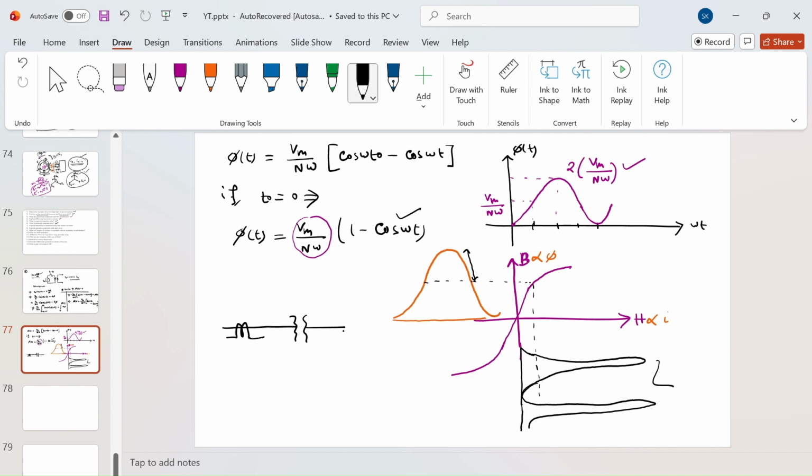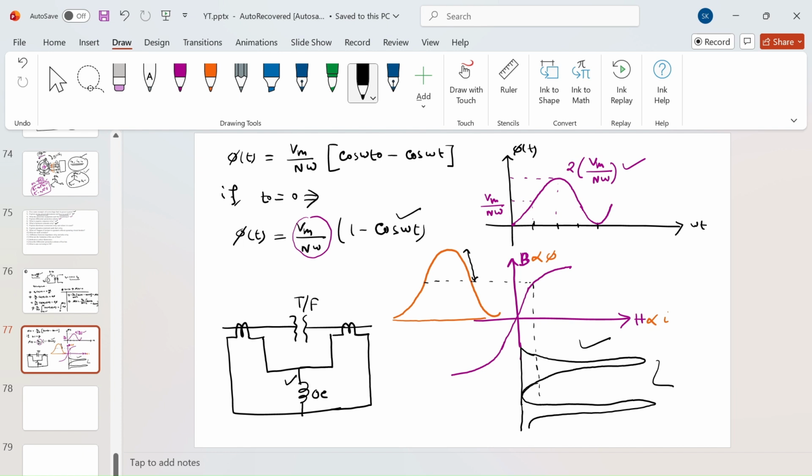Let's say this is your transformer that you want to protect against any fault. You can have a differential relay. This is the basic structure of a differential relay, and it will have an operating coil here. Since the secondary is open circuited, because of this huge current, this operating coil may send a trip signal to the circuit breaker.